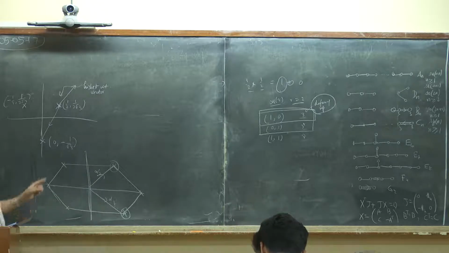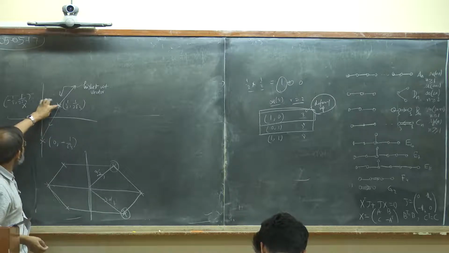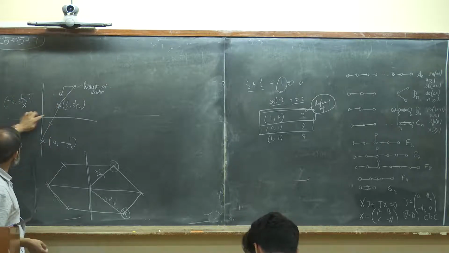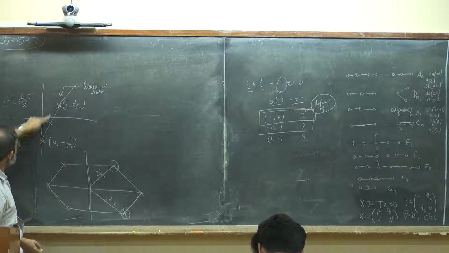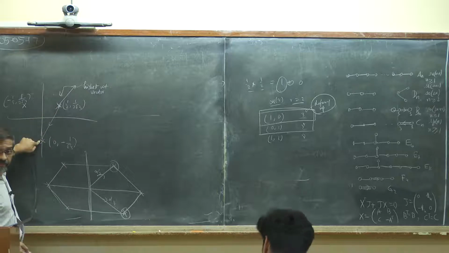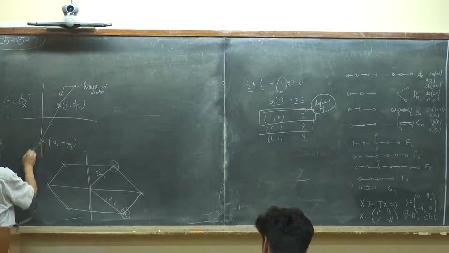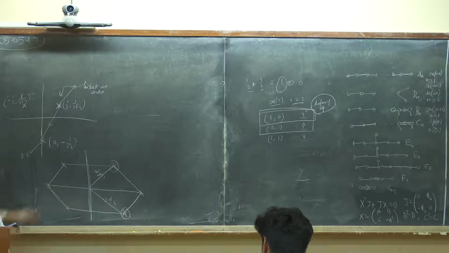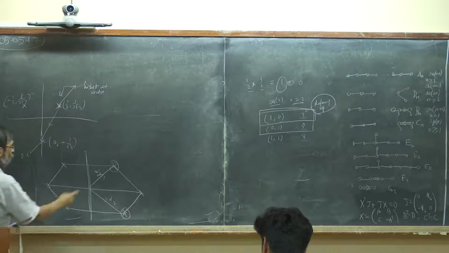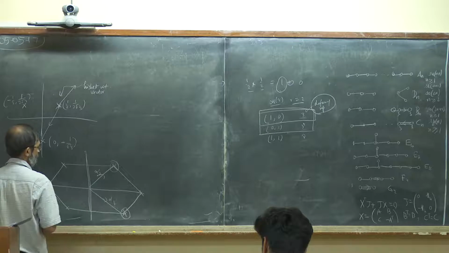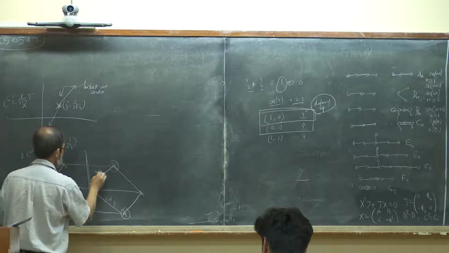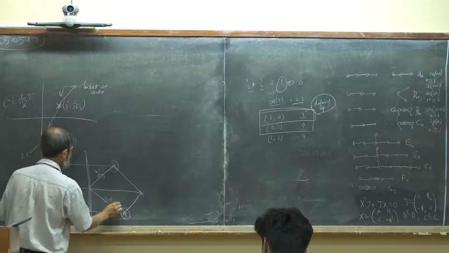The point that I'm trying to make is that you can figure out from this diagram what the depth is. The depth is 1. After that it's 0. After that it's 0. So you take the highest weight vector, and this is alpha 1 and this is alpha 2.